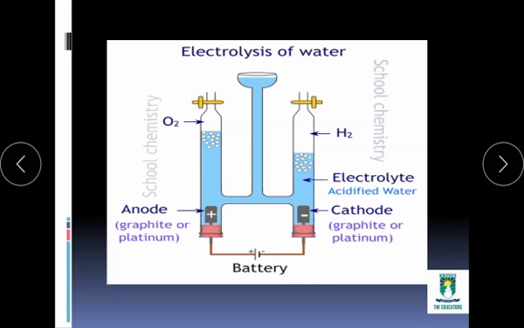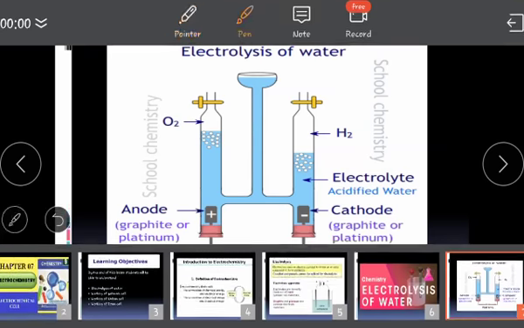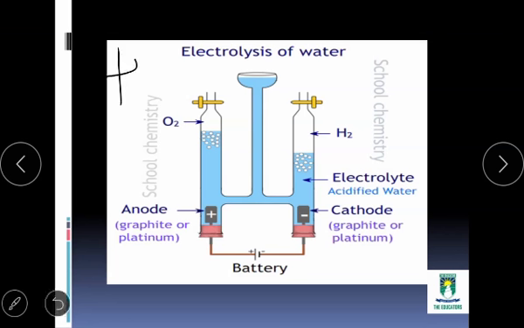When a few drops of acid are added to water, its conductivity improves. For example, if we have H2O, we have H+ and OH-. Pure water is a very weak electrolyte, but if we add some drops of any acid, it becomes a good electrolyte.